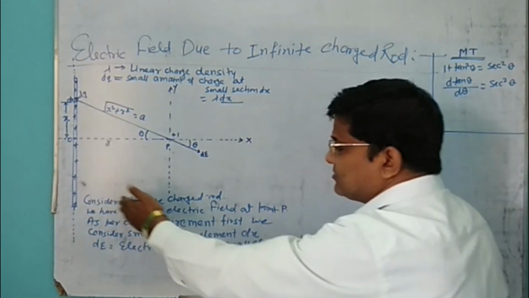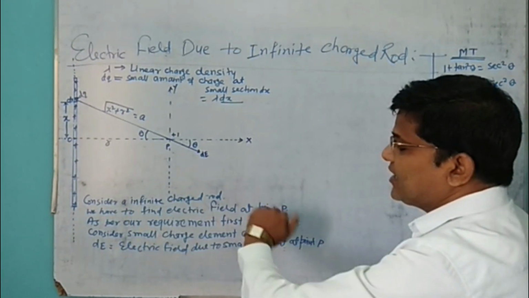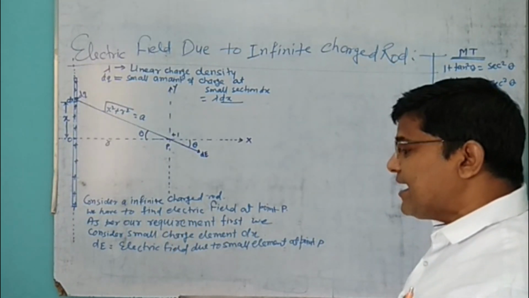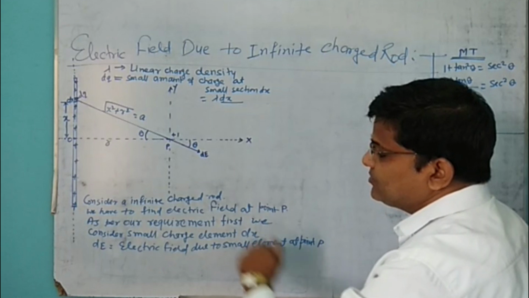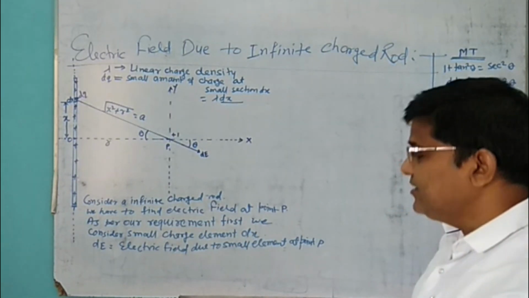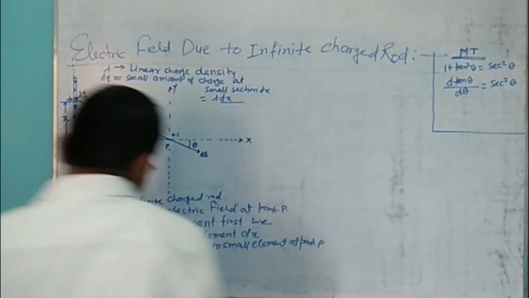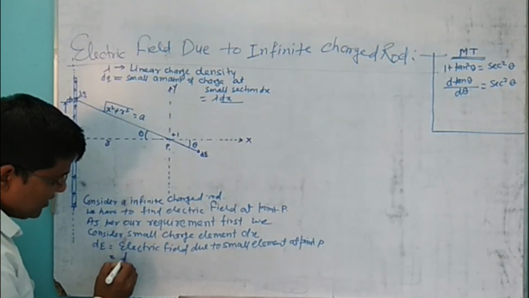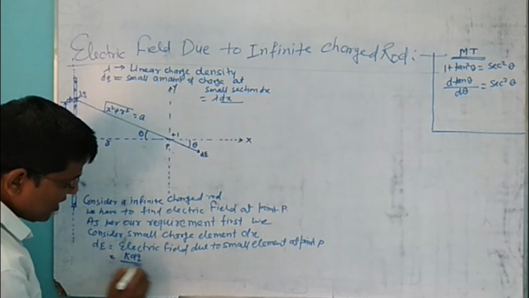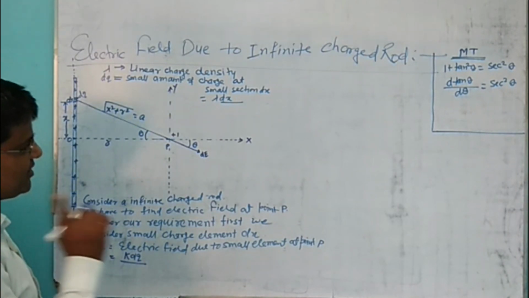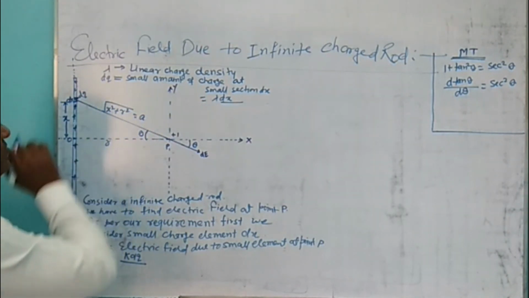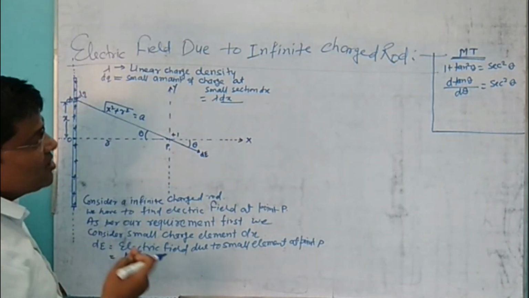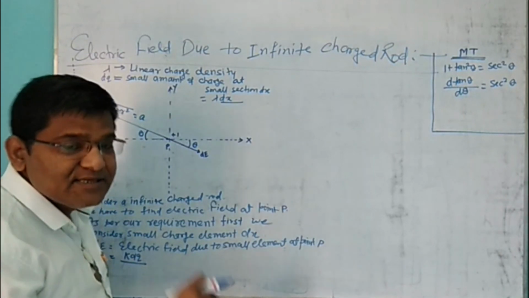For this infinite charged rod, we have to find the electric field at point P. First we consider a small charge element dx, and the electric field due to it is, as you know, k dq upon the distance squared. One thing is very important: which distance is considered?